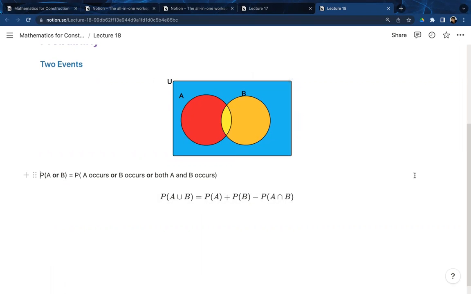That's what A or B means. There's a possibility that both of them can occur at the same time. If they can't, then they're mutually exclusive, and it means these circles don't intersect, which we will see in a while. But generally, for 2 events, if you don't know if they're mutually exclusive, then they could intersect. And if they could intersect, you have to be careful.